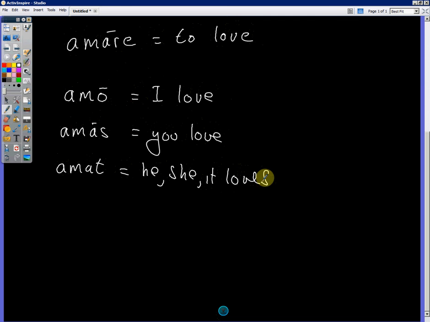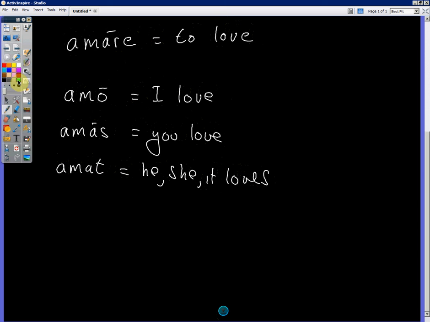We'd worked out, hadn't we, that although for each of these Latin words there's only one word, there are two words in English. Amare means to love. Amo means I love. Amas means you love. And amat means either he loves or she loves or it loves. So we had to work out which part of the Latin verb corresponded to the English.